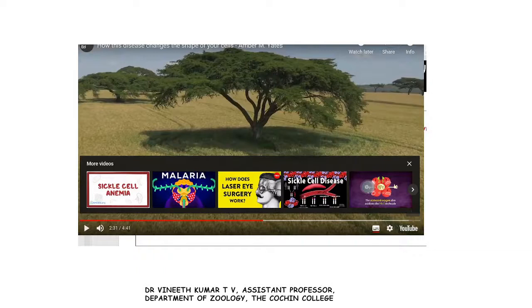That means if it was only in the heterozygous condition, it was normal because it was an adaptation for thriving against malaria. But at a particular stage, when two heterozygous individuals gave birth to offspring who are homozygous recessive, it results in a devastating condition, which is called sickle cell disorder. So that is what they are.